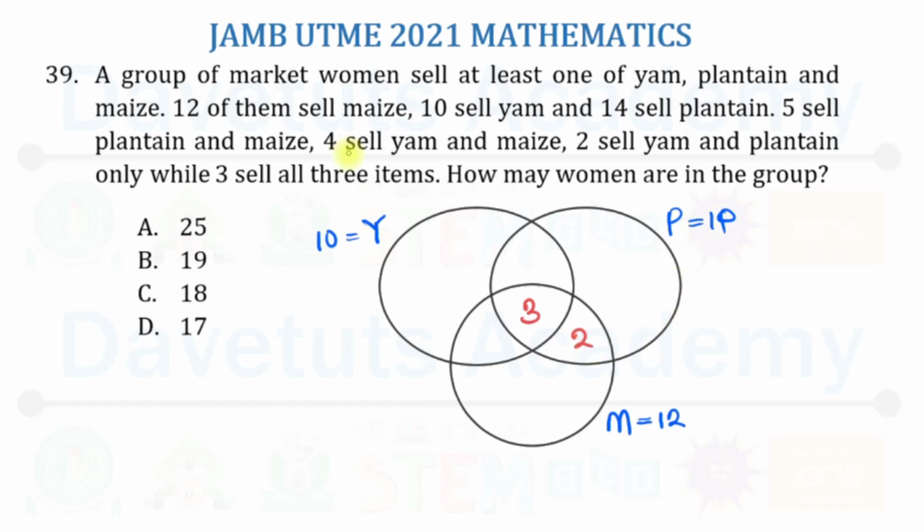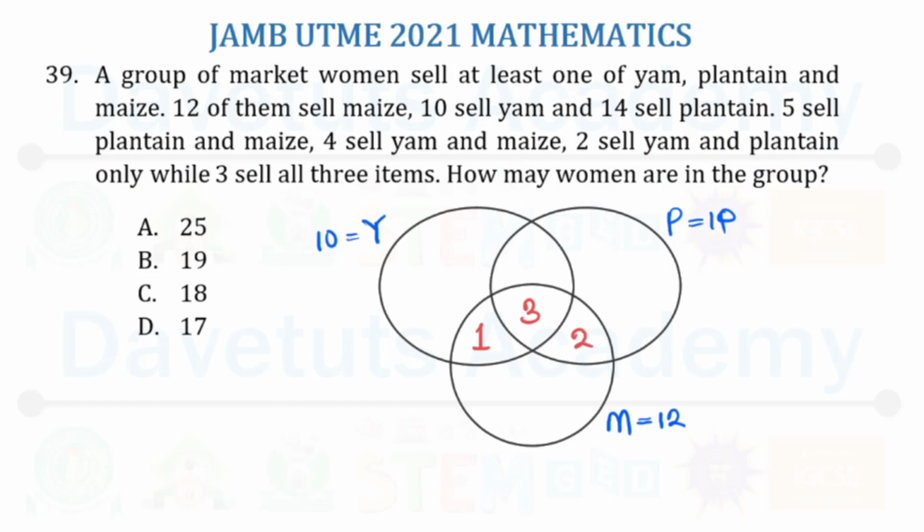Okay? Then 4 sell yam and maize. This region is yam and maize. But out of those that sell yam and maize, already 3 also sell plantain. So the remaining will be 4 minus 3, which is 1. And then we are told that 2 sell yam and plantain only.